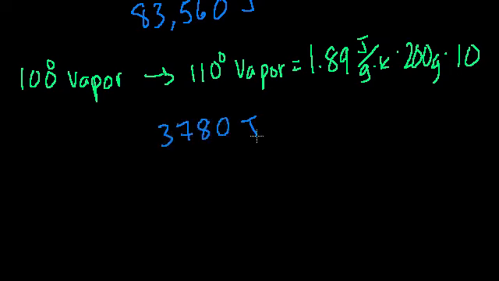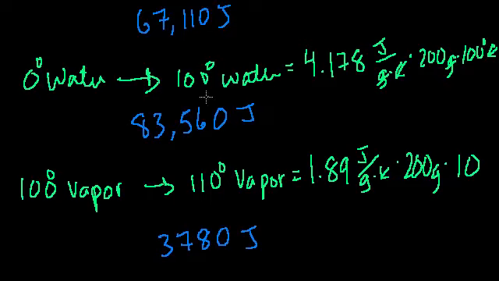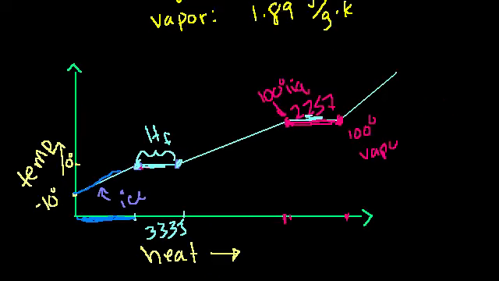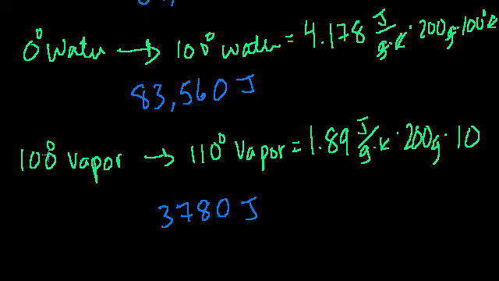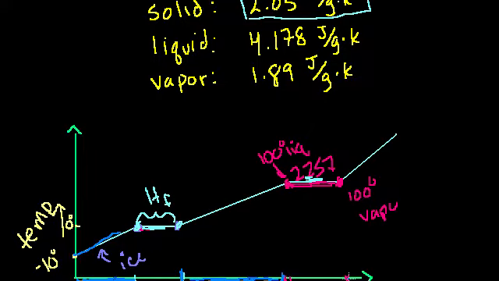3,780. And I just realized I made a horrible mistake. It's not an irrevocable mistake. Otherwise, I would re-record the video. But I just figured out the amount of energy to take it from 0-degree water to 100-degree water, which is this energy right here, right? And now I just calculated how much energy to go from 100-degree vapor to 110-degree vapor, which is this right here.